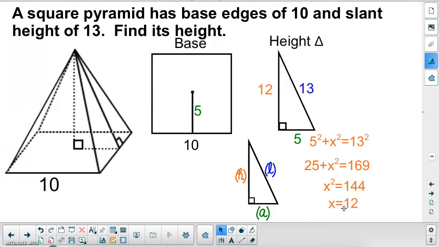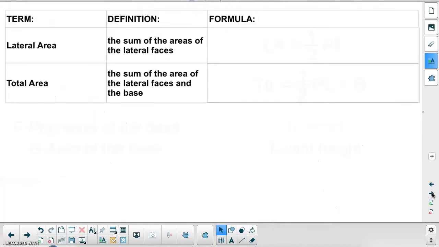Square root to get x equals 12. So now we know the height of this is 12. So we're going to be using this height triangle to help us solve for missing pieces. And we'll also use our base to be able to find our apothem to help us find the area of our base.